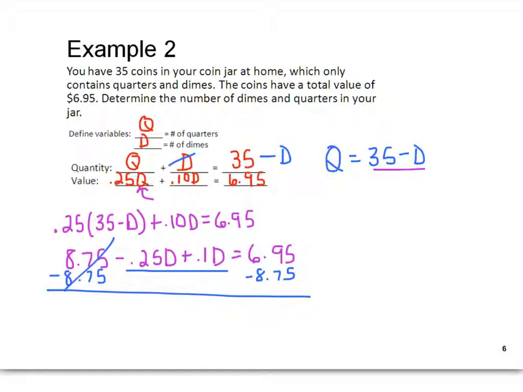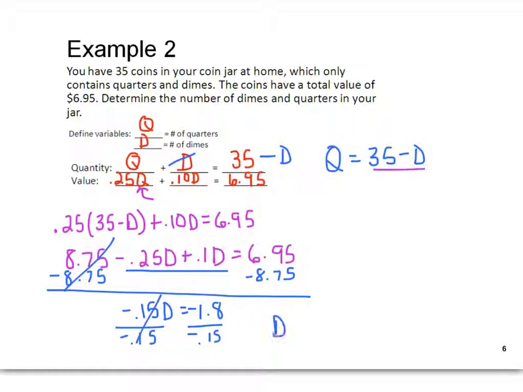So the like terms here, negative 0.25 plus 0.1. If you're unsure of that, put it in your calculator. You get negative 0.15 D equals 1.8, and then divide both sides. Oh, that's negative 1.8. Divide both sides by negative 0.15.